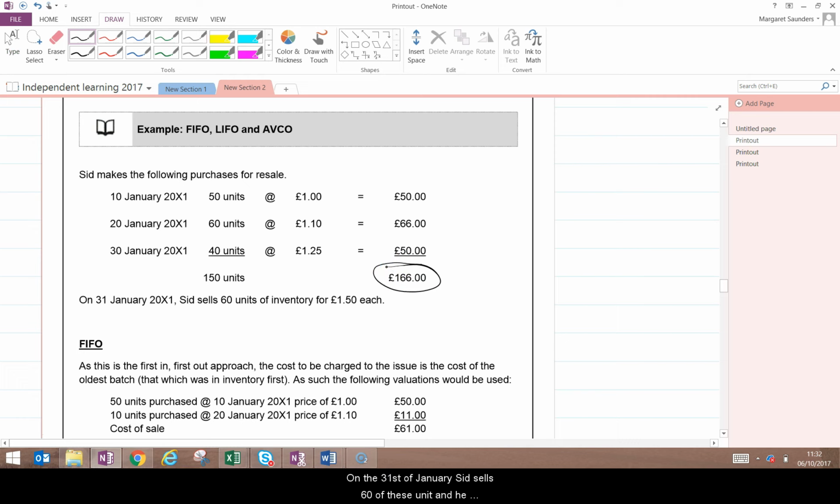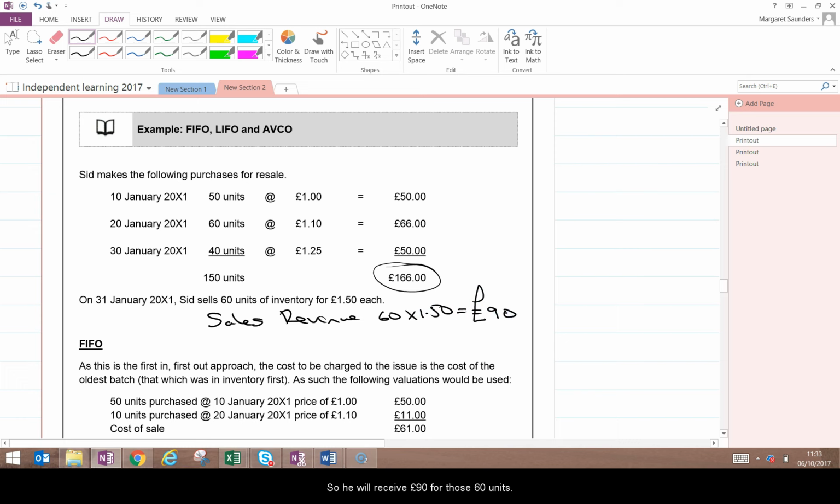On the 31st of January, Sid sells 60 of these units and he sells them for £1.50 each. So his sales revenue, 60 units at £1.50, is £90.